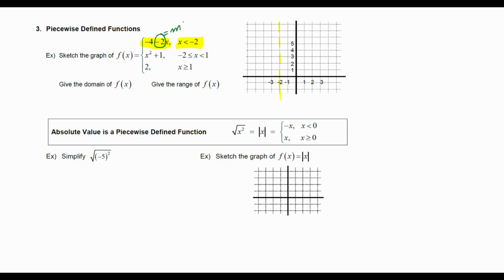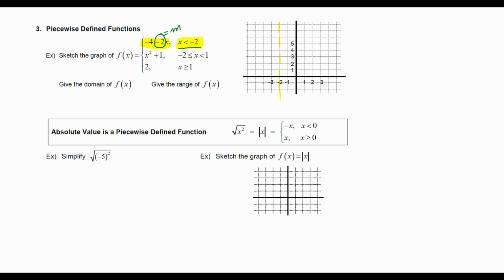However, (0, negative 4) is not in this domain, so I cannot use the y-intercept as my point. So you can pick any point that belongs to x less than negative 2 and plug it in there to get the y coordinate, and you can draw the line from negative infinity up to negative 2.